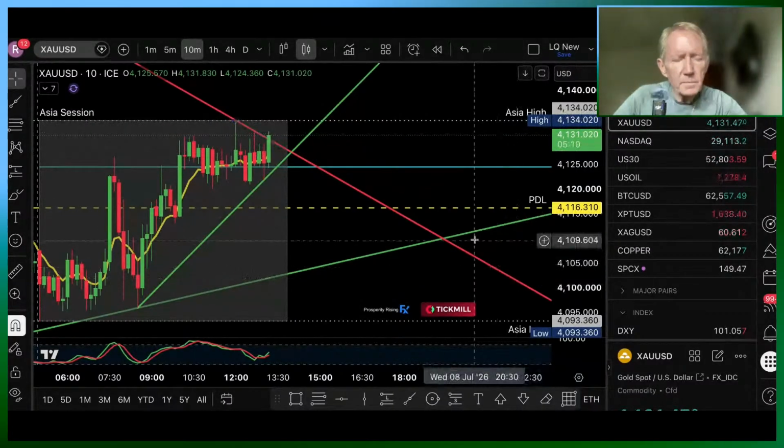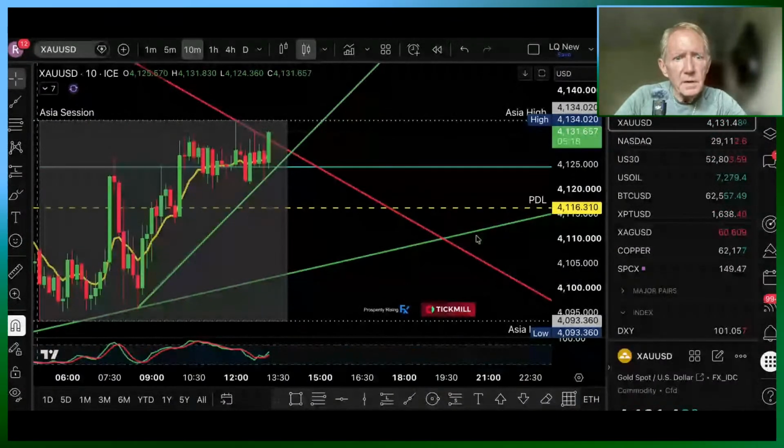And let me go over and look at my MT5 right quick. See what I've got over there.